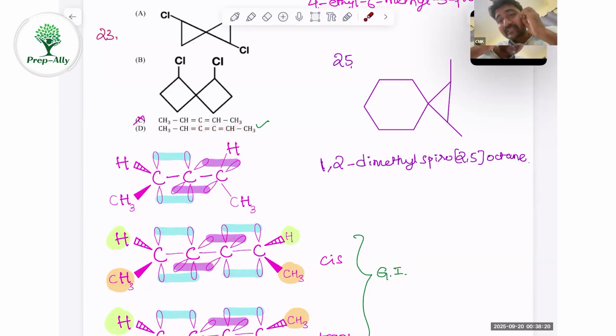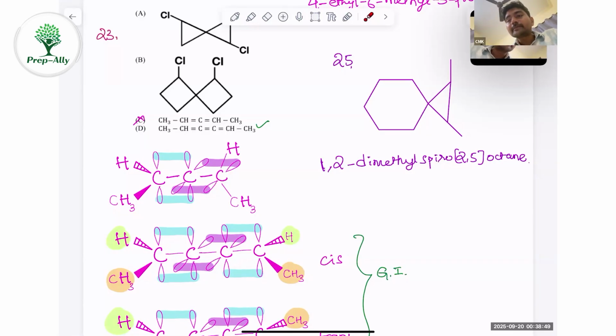Now you take this hydrogen below the plane, this above the plane. Now this carbon, if you take it, the double bond is on the plane, on the screen. But this bond is above the screen, below the screen. Again, this bond is on the screen. So total 4 carbon atoms with 3 double bonds.